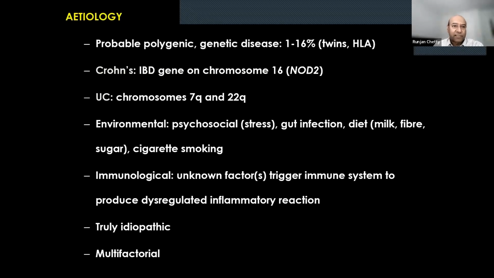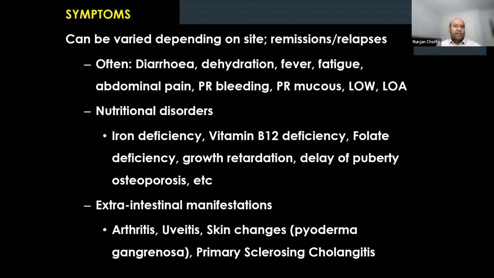the etiopathogenesis. The symptoms vary depending on the site of involvement, and it's characterized by relapses and remissions. And classically, patients present with diarrhea, dehydration, fatigue, etc., that are well recognized and well known. And many present with features of nutritional disorders as a result of the diarrhea and PR bleeding: iron deficiency, B12 deficiency, folate.